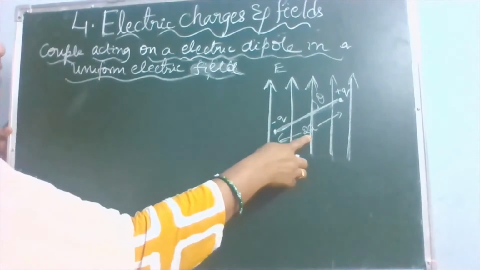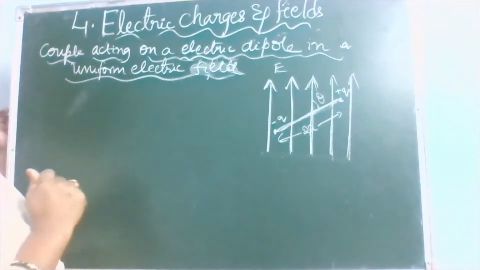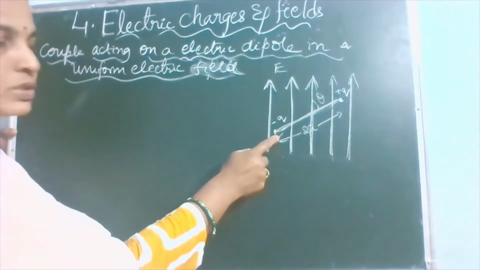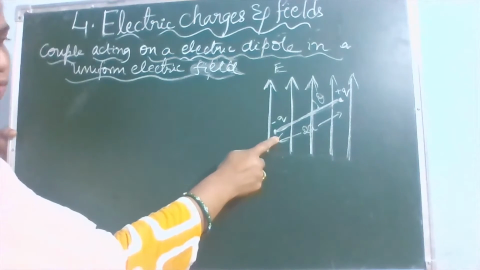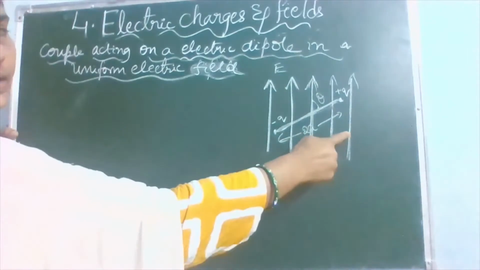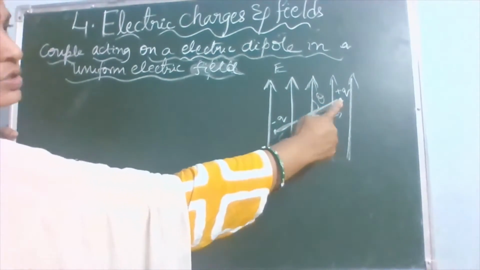So if this dipole is placed in this electric field, then at this point some force will act because of this electric field. This is the electric field. And also at this point some force will act.